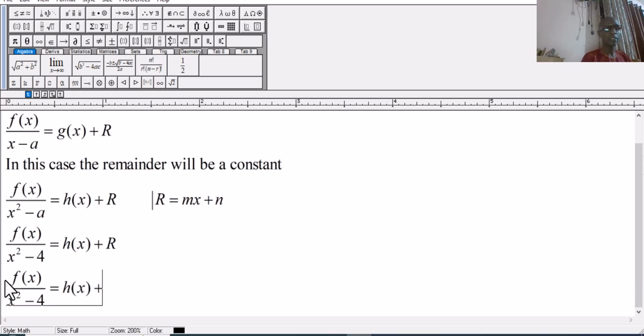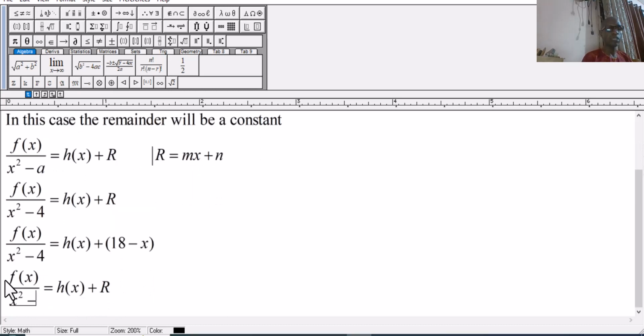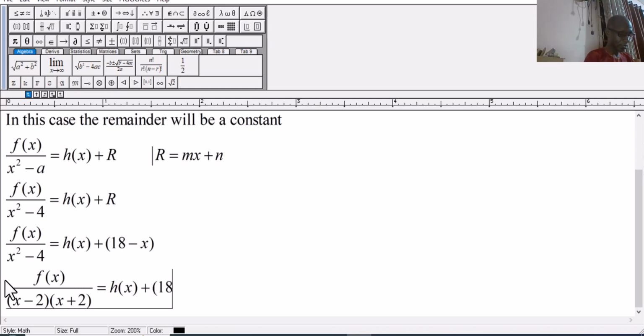The remainder in this case is given to be 18 minus x. Now I want you to take note that x squared minus 4 is the same thing as x minus 2 times x plus 2. So our remainder is 18 minus x.